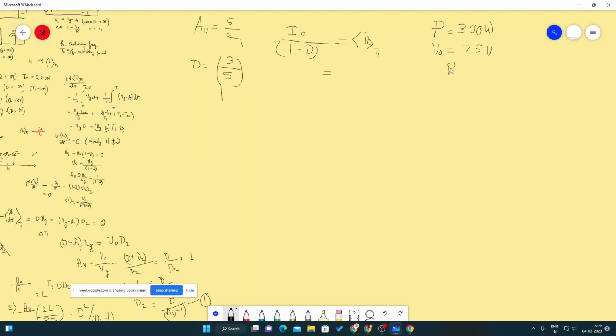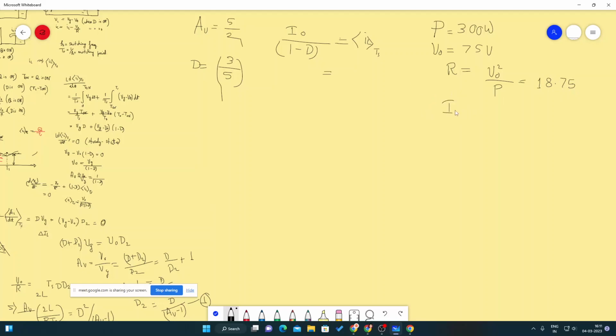So the resistance will be V out squared by P, which is 75 squared by 300, that is 18.75.